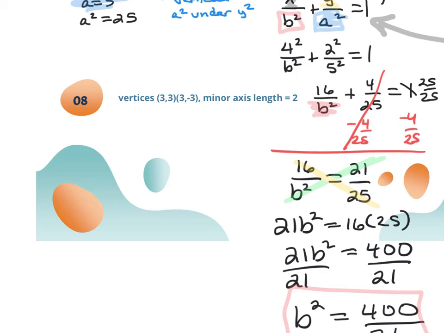So if I do a quick little sketch here and graph 1, 2, 3, 1, 2, 3, and then 1, 2, 3. So if I graph 3, 3, which is here, and positive 3, negative 3, you're going to see that the vertices are up and down. They're on top of each other. So this tells me my major axis is going to be vertical.